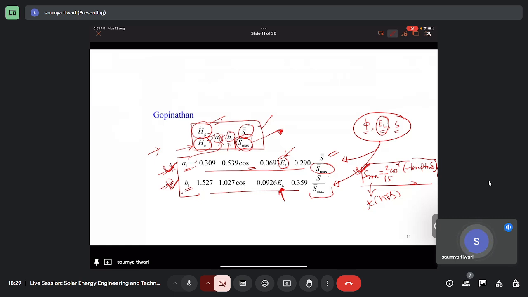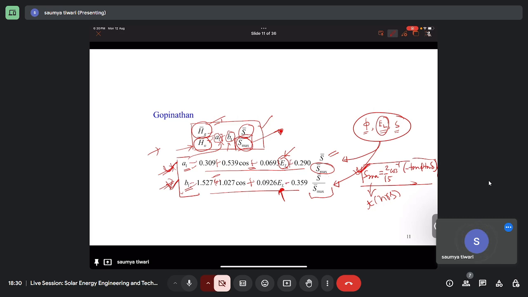I think this will be minus and this will be plus.